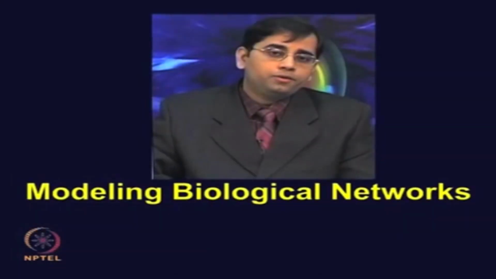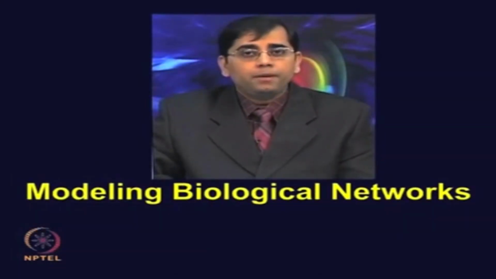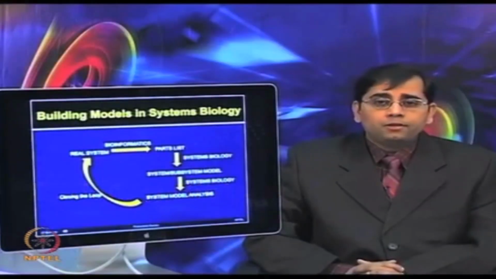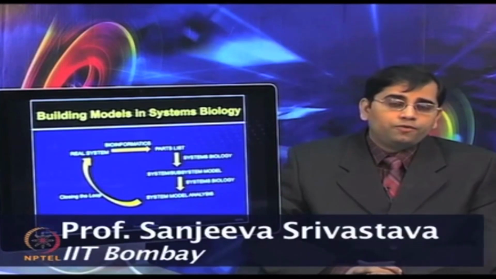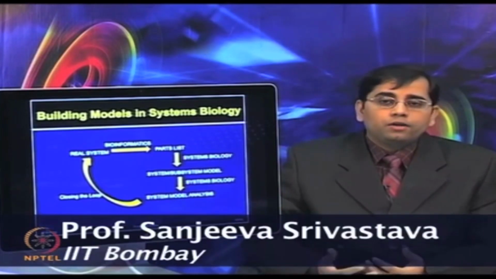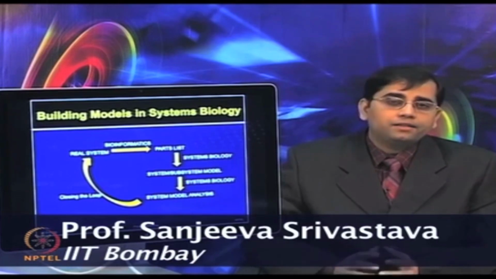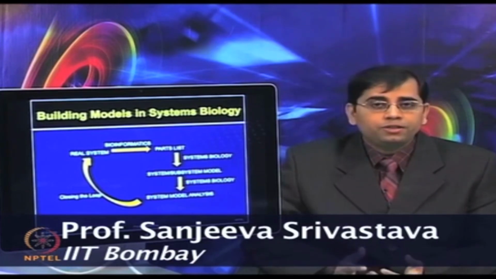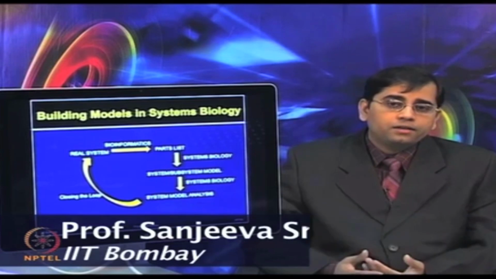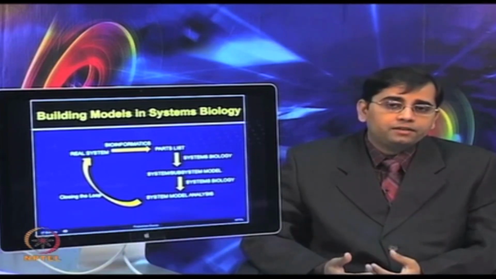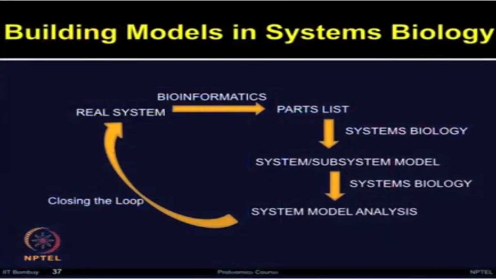Let us now talk about how to model the biological networks. To build a model in systems biology, first of all, the parts list can be generated by using data sets derived from the systems biology approaches. The systems or subsystems model can be generated, which can be used for the systems model analysis.